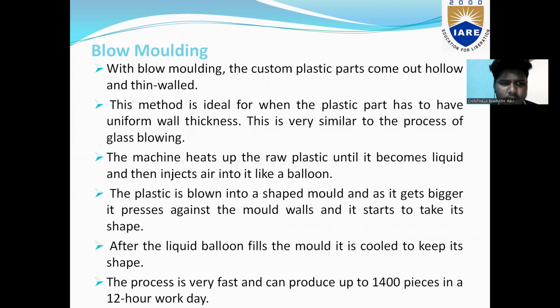So, blow molding. The machine heats up the raw plastic until it becomes liquid and then injects air into it like a balloon. The plastic is blown into a shaped mold and as it gets bigger it presses against the mold walls and starts to take its shape.